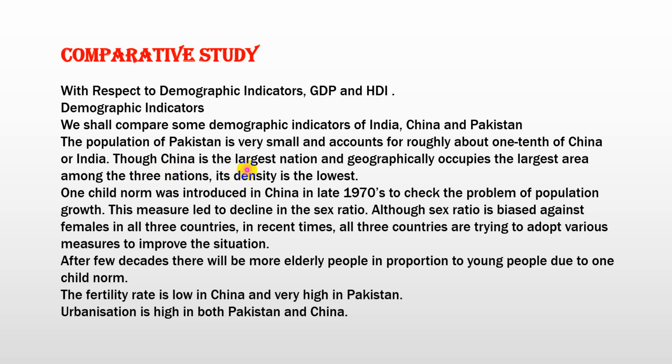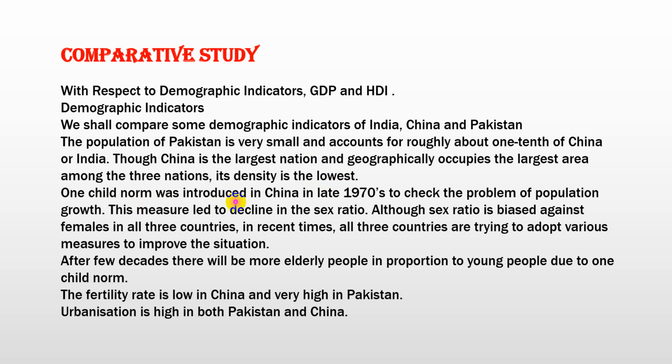Though China is the largest nation and geographically occupies the largest area among the three nations, its density is the lowest. Population is highest, but there is a vast area, that's why density is the lowest.